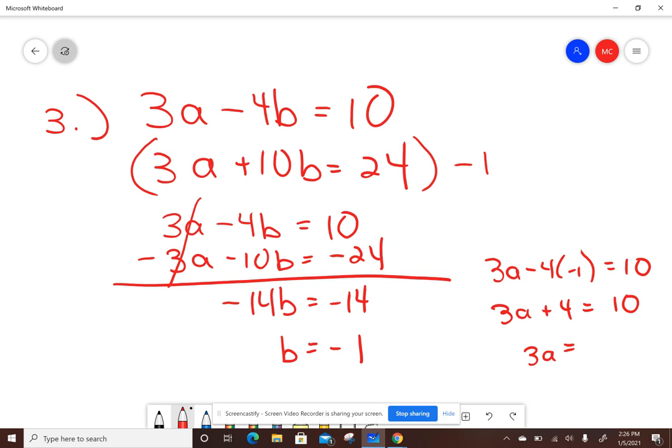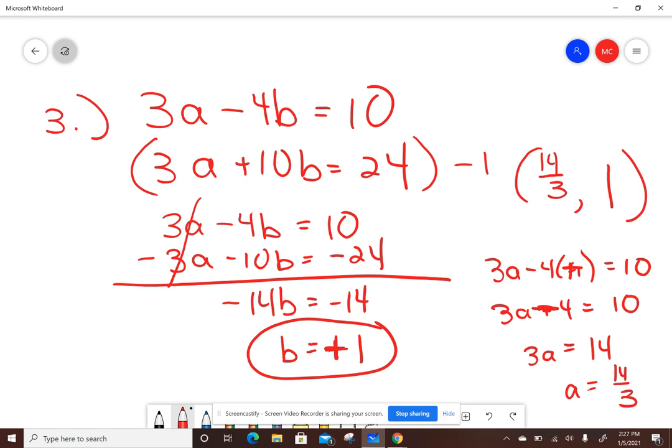Oh, b equals positive 1. Did anybody notice I made a mistake with the sign? So this is a positive 1, so this should be minus 4. So 3a equals 14, a equals 14/3. So my answer here is 14/3, 1. Don't make sign errors, it messes everything up.